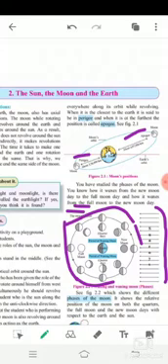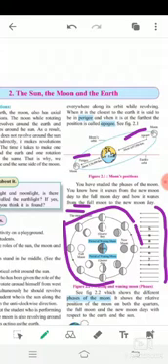Okay, the moon gets illuminated by the sunlight. The illuminated part of the moon seen from the earth appears greater or smaller day by day due to the moon's revolution around the earth.